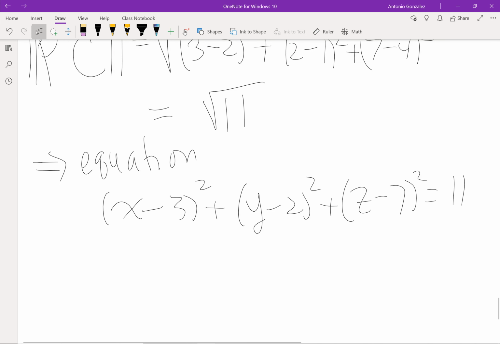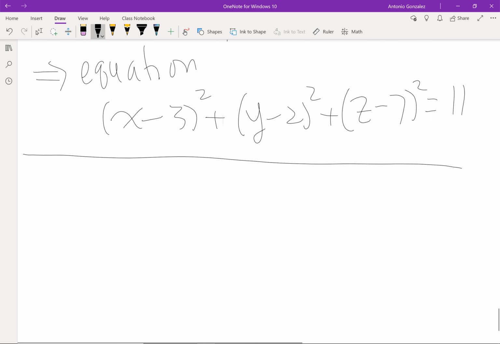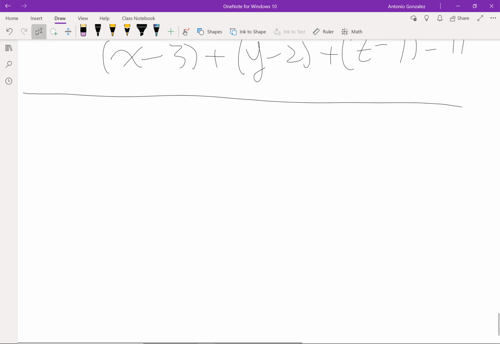All right, so let's move along here and let's define our vector operations in R3. And again, very analogous to the vector operations in R2.